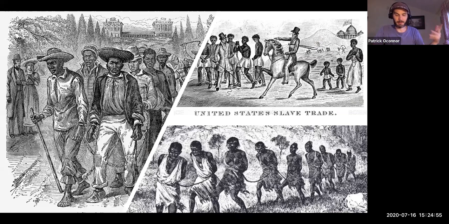Those bodies were as important to the American economy as the cotton that they produced. Enslaved people were in fact the most highly valued form of property in the United States aside from land itself, okay? There are hundreds of millions of dollars tied up in these people's bodies.